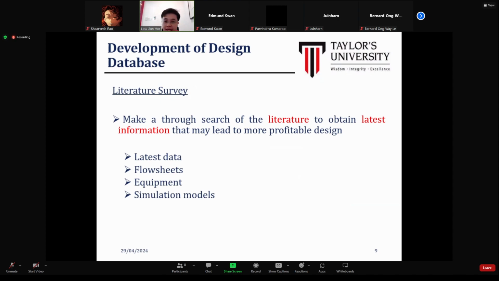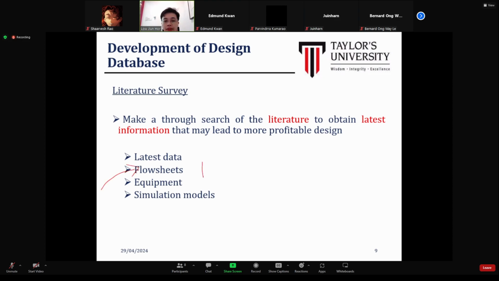And as I told you just now, when you start with the chemical plant design, either you come up with your own new design, or maybe you refer to an existing chemical plant in order to make some modification based on the existing plant to produce your product. If you are trying to modify the existing chemical plant, then at the same time you can also try to get the flow sheet.